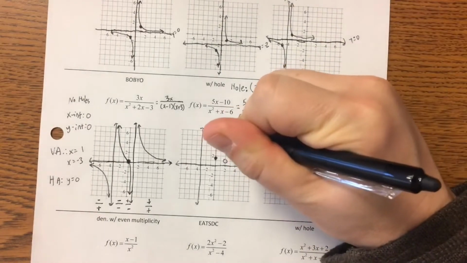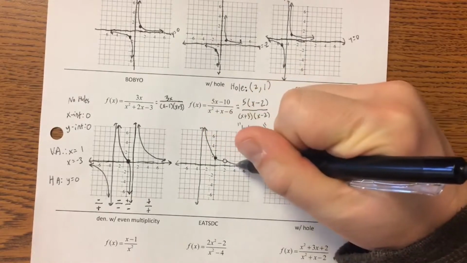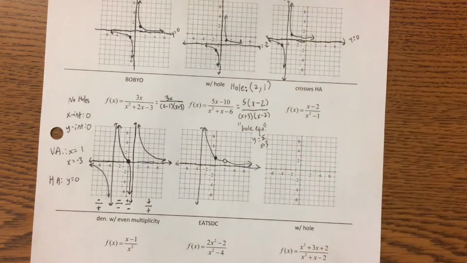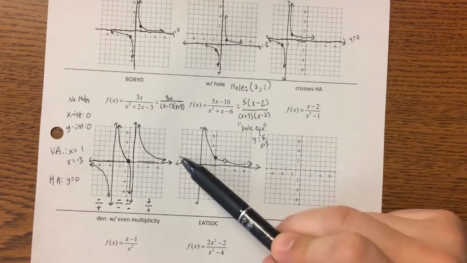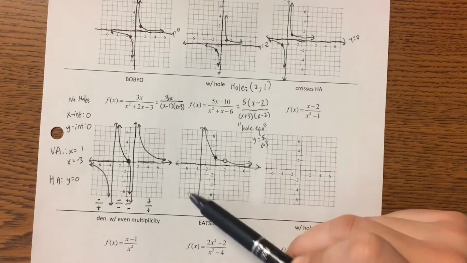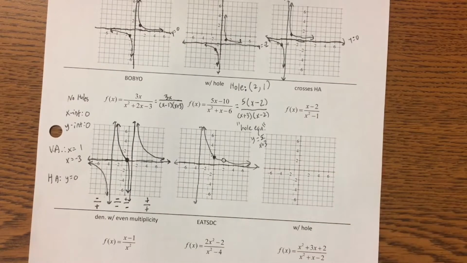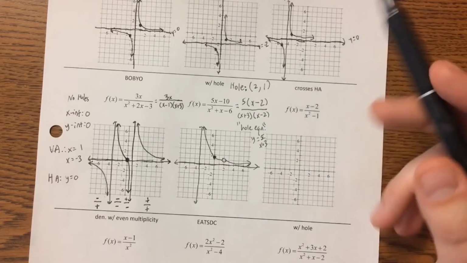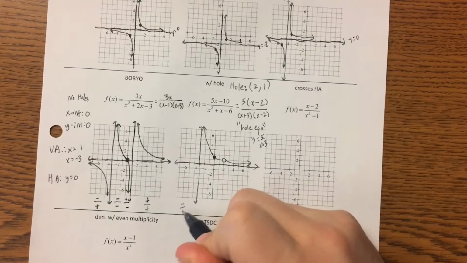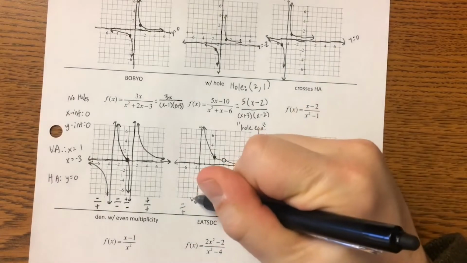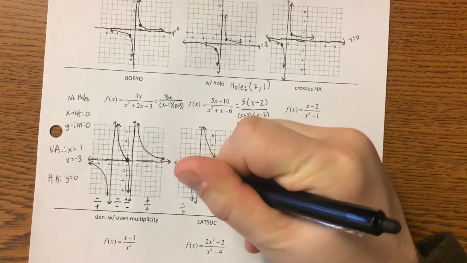So I can graph at least this part, because I know that's going to be above the x-axis. And then on the left of that vertical asymptote, I still need to check to see if it's going to be up here or down here. Now, most of the time, the graph will alternate between positive and negative, but not always, so you definitely want to check. So if I plug in a number like negative 10, I get a negative over a positive, which is negative, so I know that the other part of the graph is going to be down here.